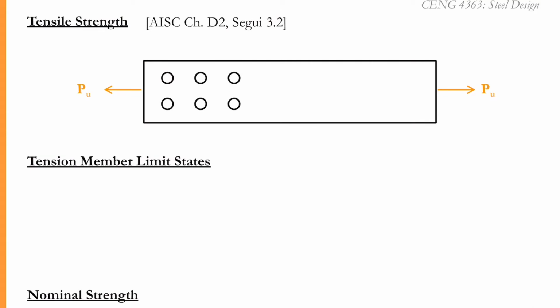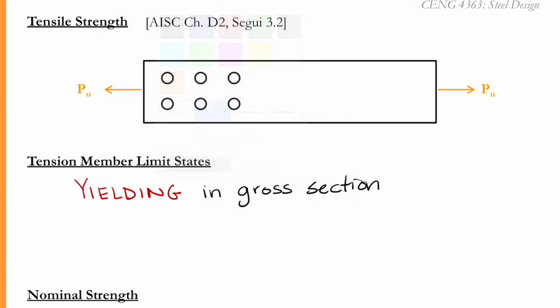Our first tension member limit state then is yielding. We said that yielding was a problem in the gross cross-section of the member, and we defined the gross cross-section as the main portion of the member that's resisting the tensile force.